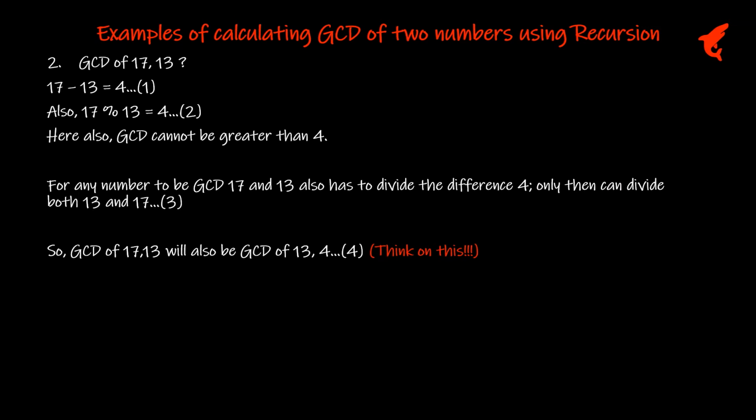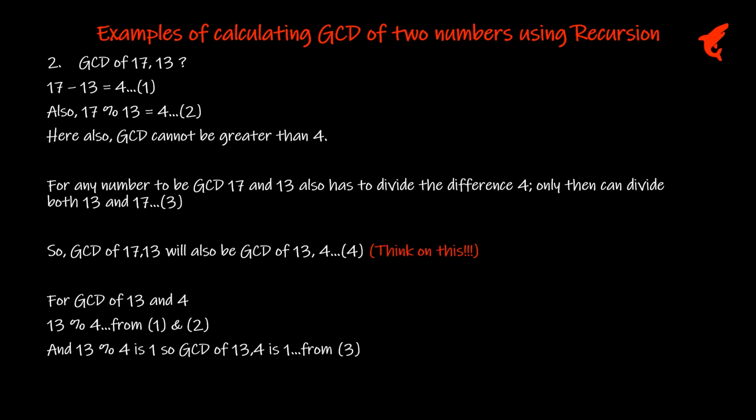So if this is the case, then to find GCD of 17 and 13, we have to first find the GCD of 13 and 4, right? And then according to our previous statements, for finding GCD of 13 and 4, we simply can do 13 modulus 4. This is from our statements number 1 and 2, what we did earlier, right?